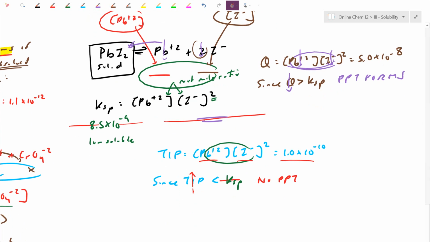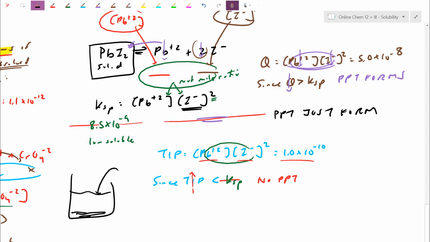We even did some maximum limit kind of questions here. We can say, if I know the lead concentration, what's the maximum of iodide I can have? Basically, the KSP limit is what I need for a precipitate to just form. Now, notice in this question here, you can add a ton more solid. Even when a precipitate forms, let's say I have a saturated solution, you can add a ton more solid, no problem.